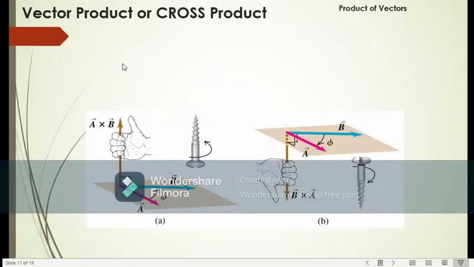Another kind of multiplication of vectors is the vector product, also known as the cross product. The cross product uses the cross sign as its symbol.